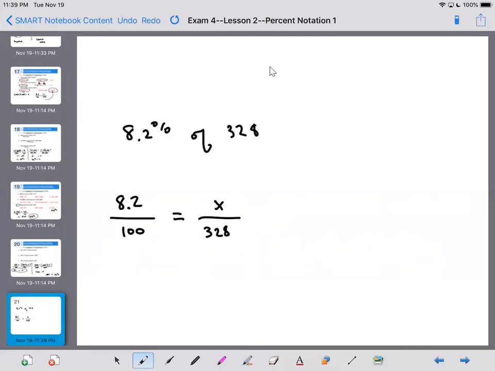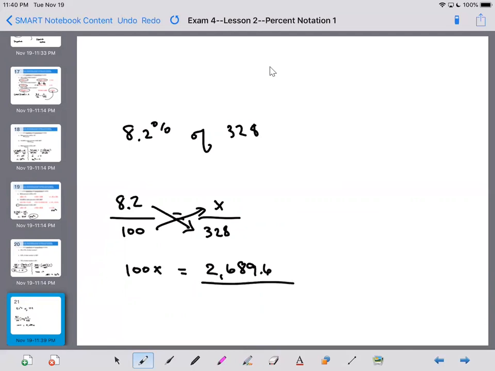And so I would take 8 2/10 and multiply it by 328, and I would get 2,689 6/10. 100 multiplied by x is 100x.